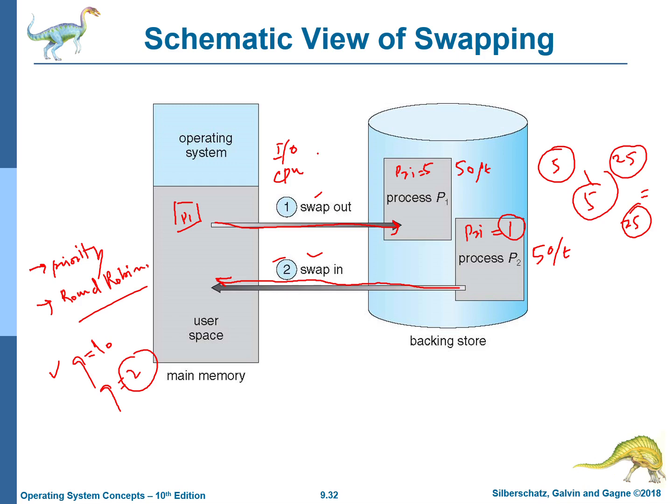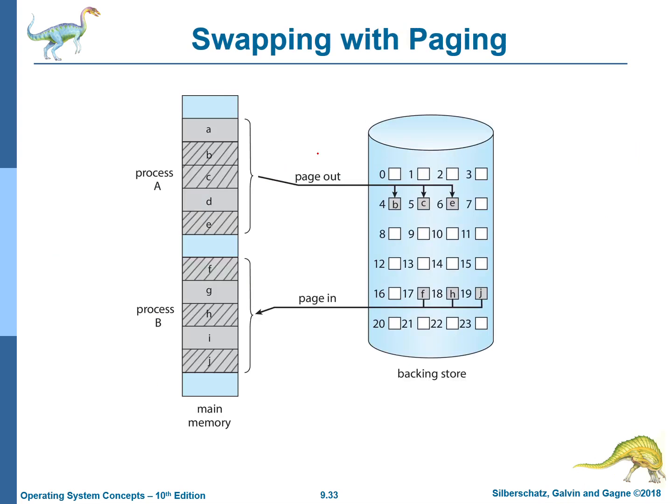Okay, so this is also one of the management techniques in the main memory, and swapping is also done with pages. Similarly, we have some pages which are already in your main memory. Suppose these pages belong to process A, and some pages of a high priority task from process B have arrived, and now they want to access the main memory.